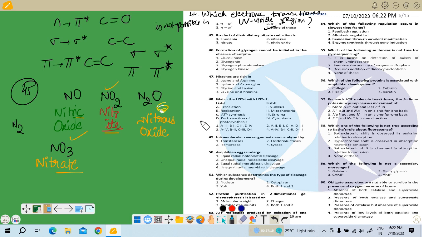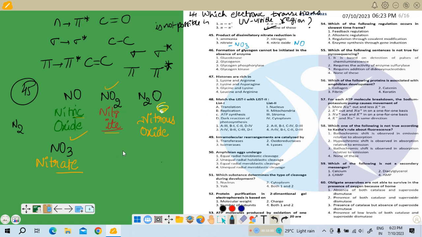Here they are talking about nitrate reduction, that means NO3. So in nitrification we have NO3 negative. Here ammonia is NH3, nitrogen is N2, nitrate means NO3, and nitric oxide means NO. So this is from nitrification and denitrification.